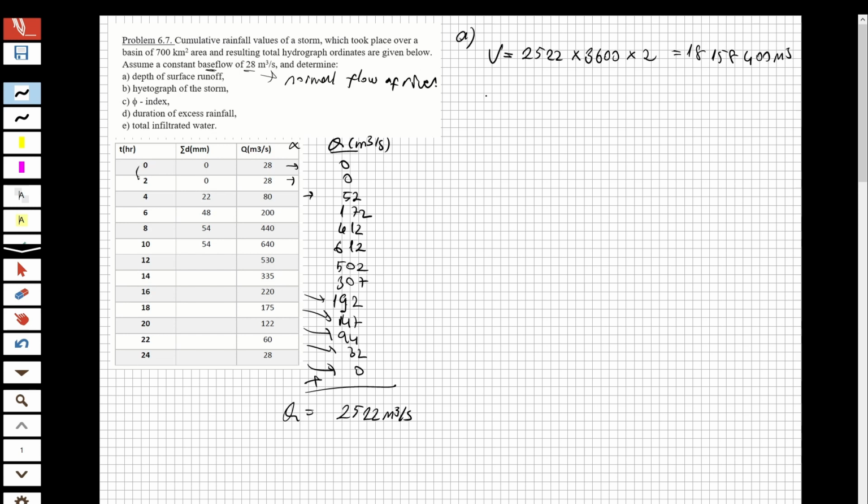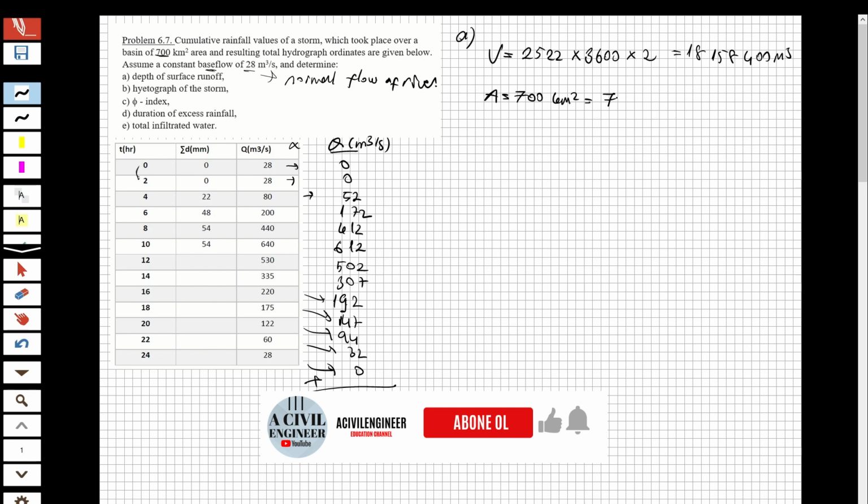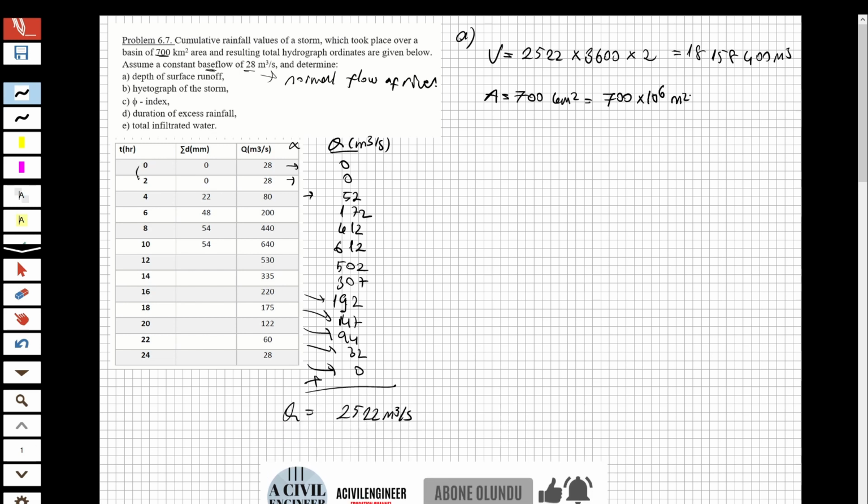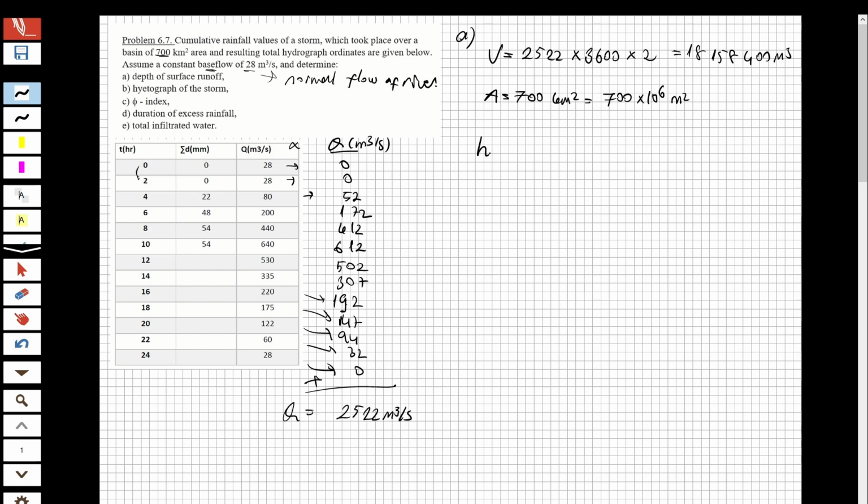So what is the area? The area of the basin is given, 700 kilometer square. When we convert it to meter square, it's going to be 700 multiplied by 10 power 6 meter square. So for the depth of surface runoff, we divide the volume by the area.